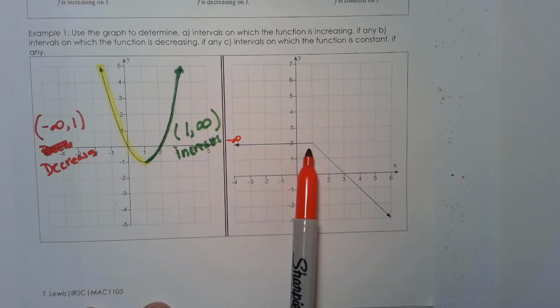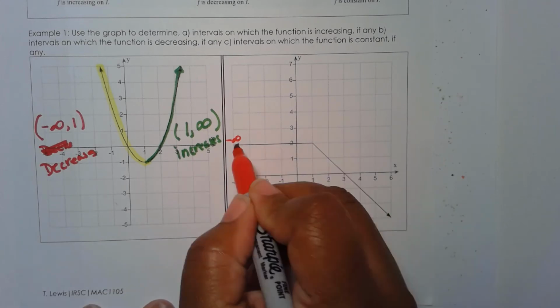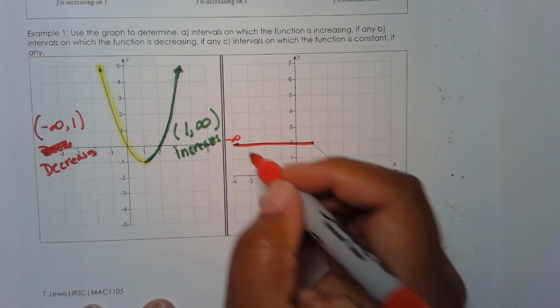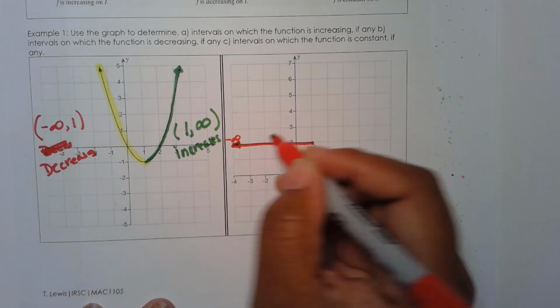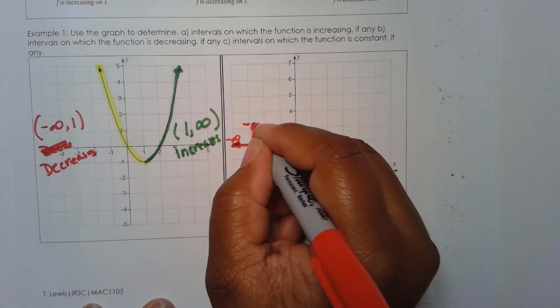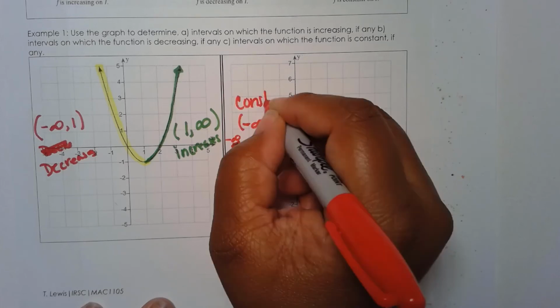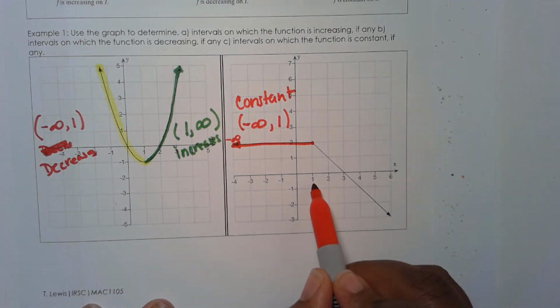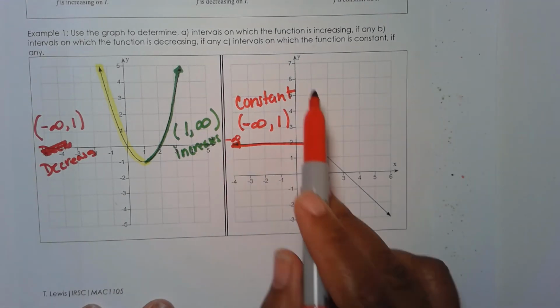Where do you see a transition, at what number? 1. So from negative infinity to 1, it is constant.